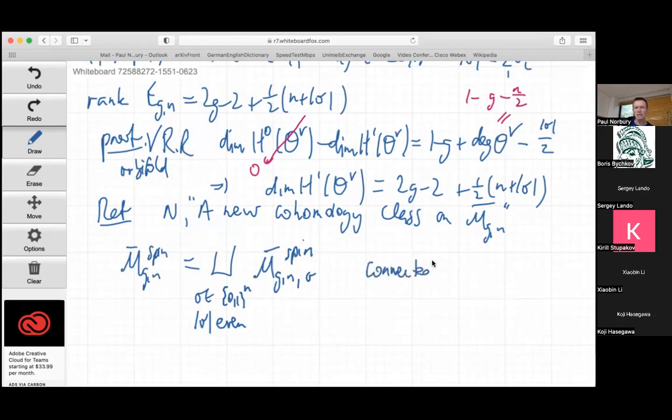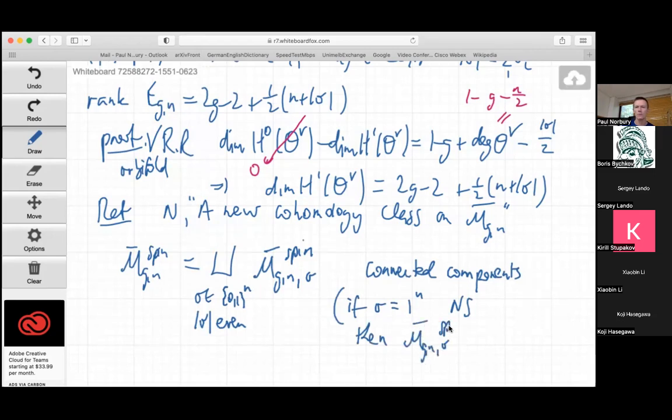And there's one extra connected component: if sigma is equal to 1 to the n, this is all Neveu-Schwarz, everyone's Neveu-Schwarz, then this splits into two, M_spin is equal to M even union M odd.